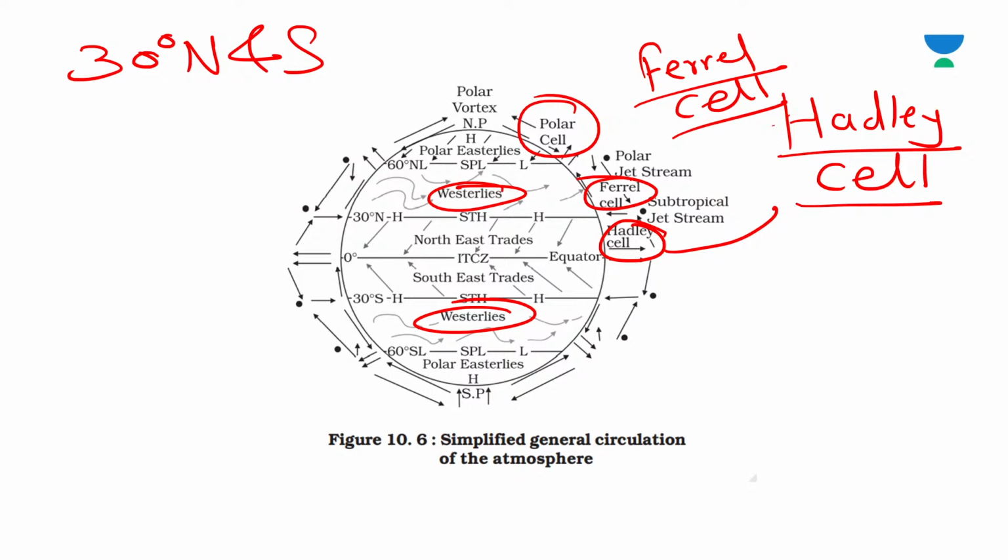So here at polar latitudes, the cold dense air subsides near the poles and blows towards middle latitudes as the polar easterlies. So this sail is called the polar sail.